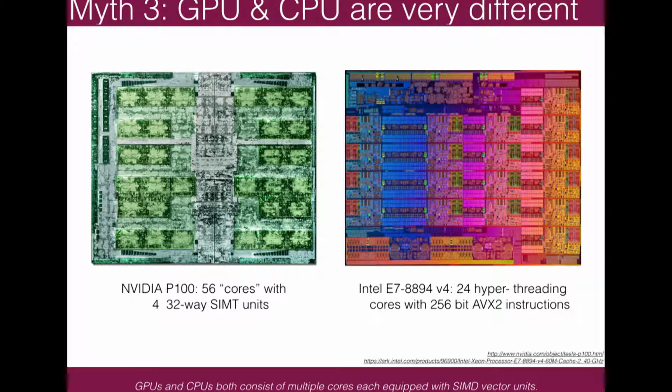So marketing speak aside, they're just multi-core processors, and each core has vector processing units, okay? Just ignore most of the fluff and sort of marketing speak. They are actually convergent in the sense of architectures getting similar over time, not more different.